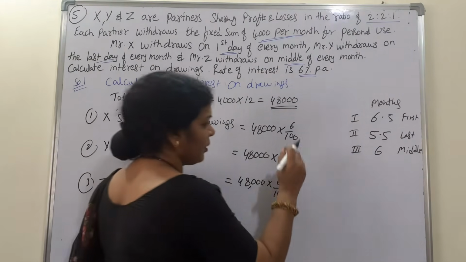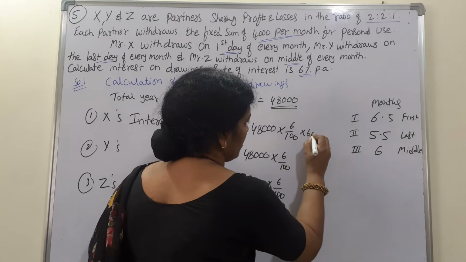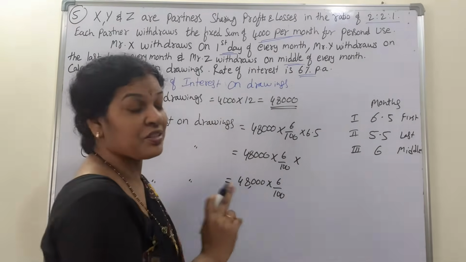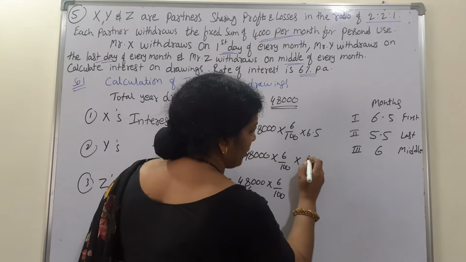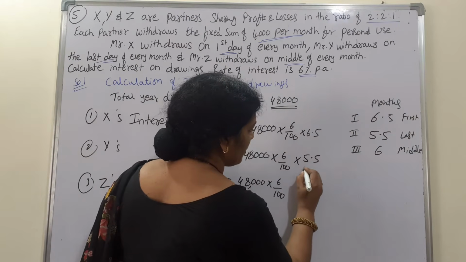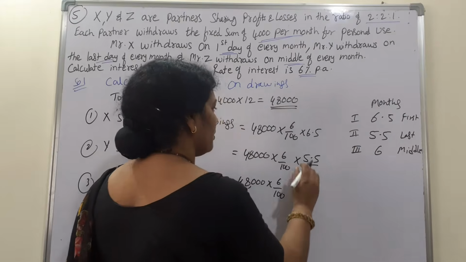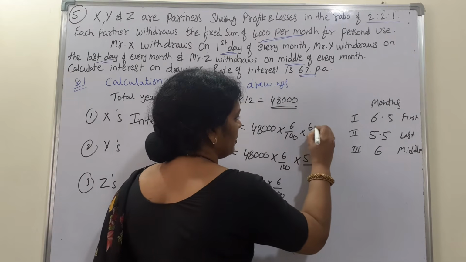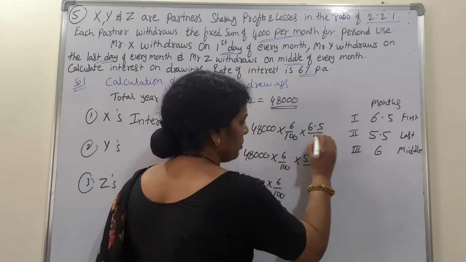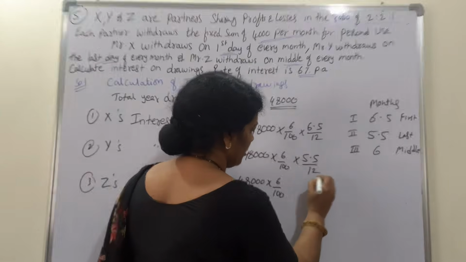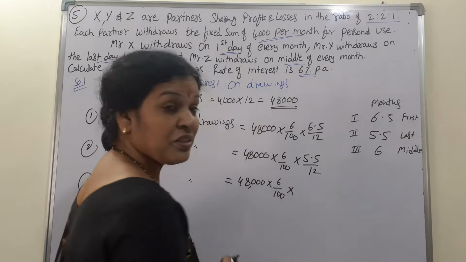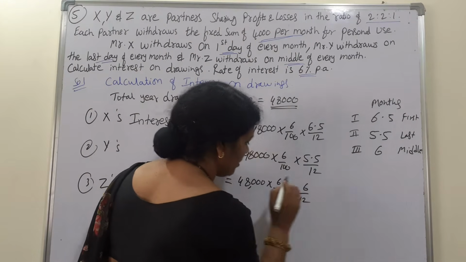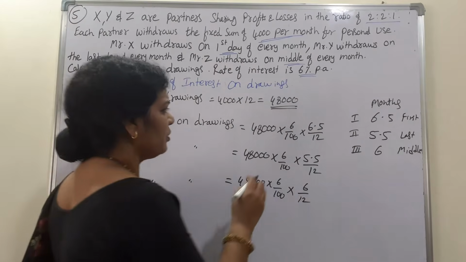First day means 6.5 months. Here, last day means 5.5 months. So 6.5 by 12, out of 12 months, this much only. And the last case is the middle of the month, which means 6 by 12. Just simply we'll calculate it.